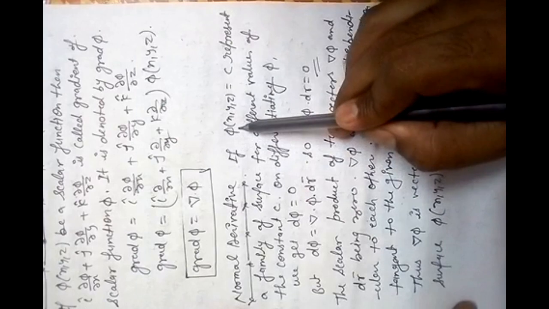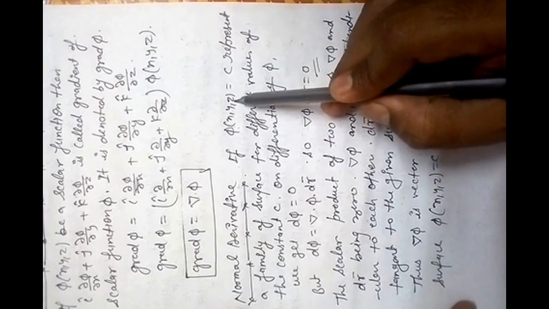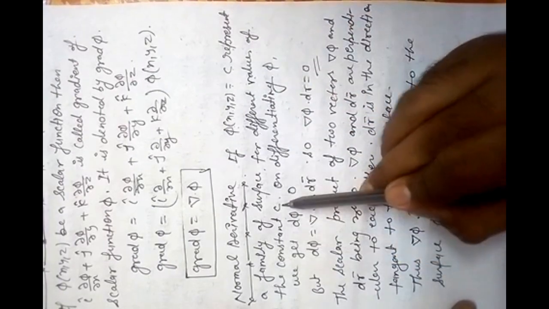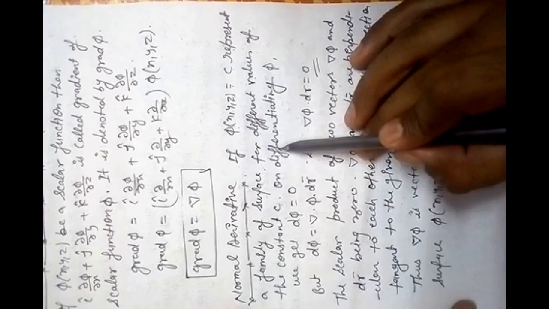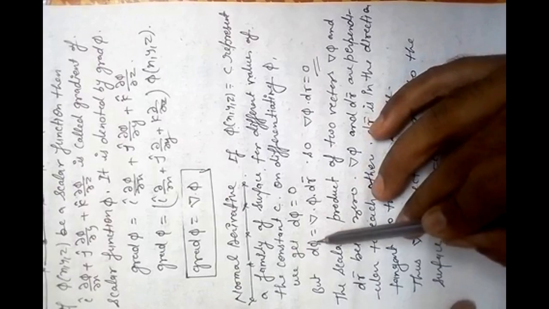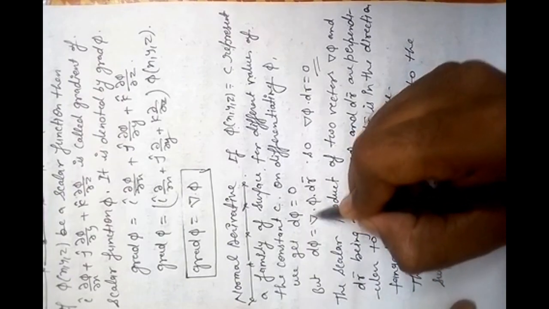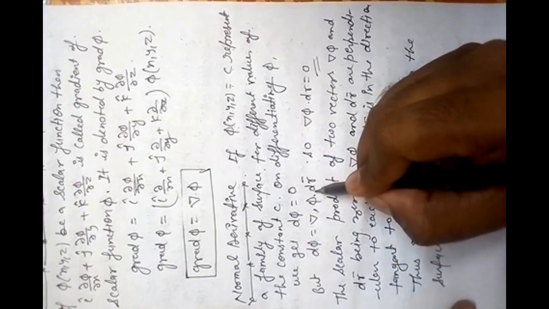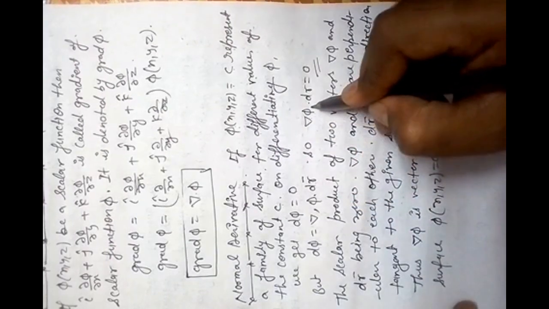Okay, let me repeat. If phi, which is the function of x, y, z, equal to c, represents a family of surfaces for different values of the constant c, and differentiating phi, then we get d phi is equal to 0, but we know that d phi is equal to del phi dot dr. So del phi dot dr equal to 0, that means the scalar product of two vectors del phi and dr being 0.